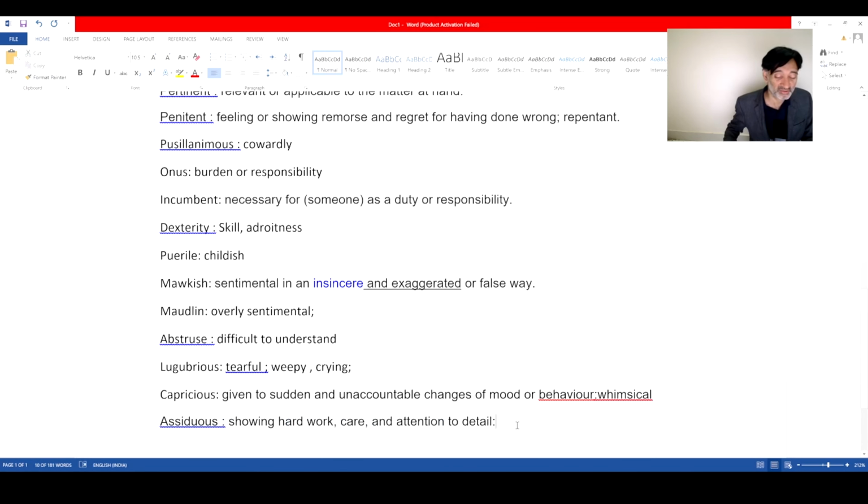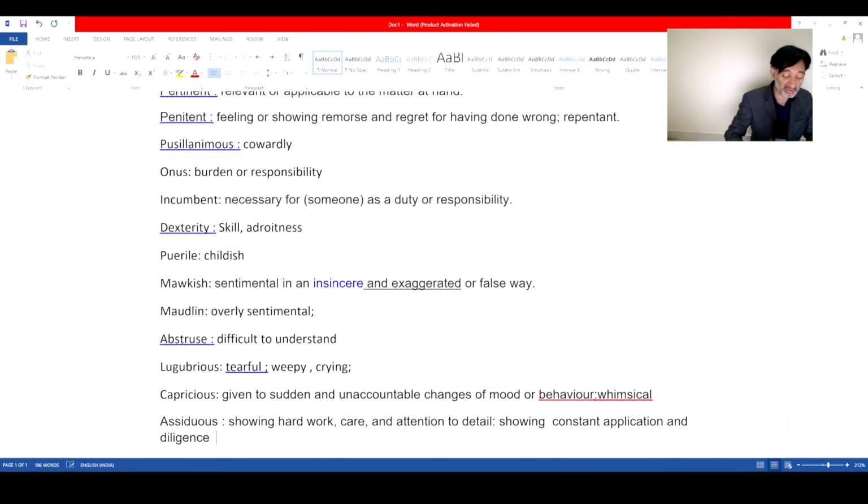Showing hard work, care, constant application, and diligence. That is assiduous, persevering on something with great assiduity, right?